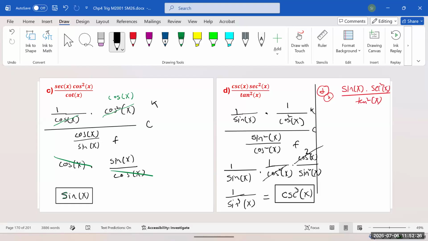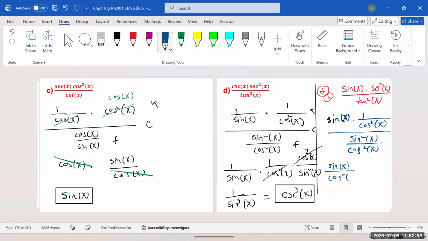Now for the next one, let me change the color actually. We have sine of x times 1 over cosine squared of x, divided by sine squared of x over cosine squared of x. So we have sine of x divided by cosine squared x, times cosine squared x divided by sine squared x. Cosine, cosine cancel out.